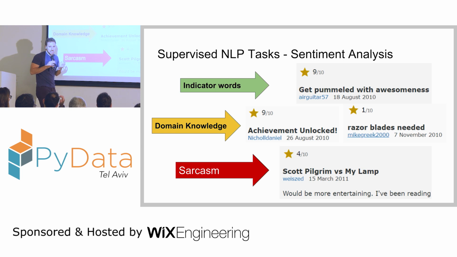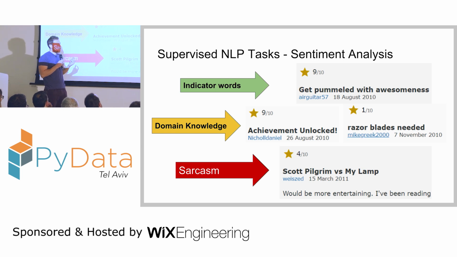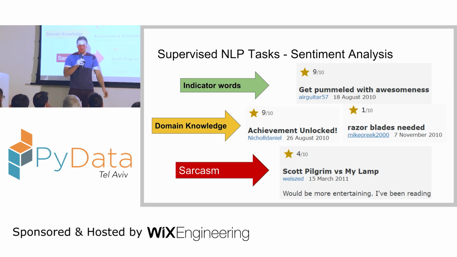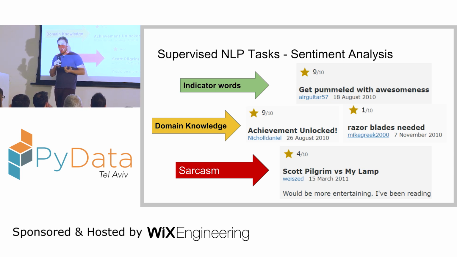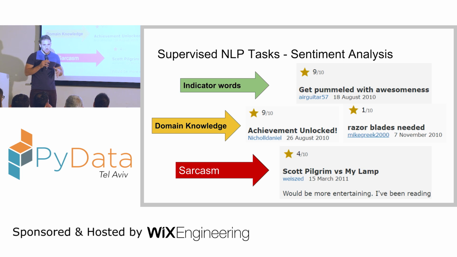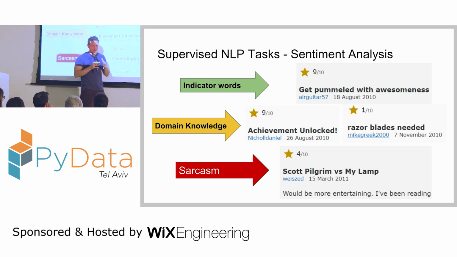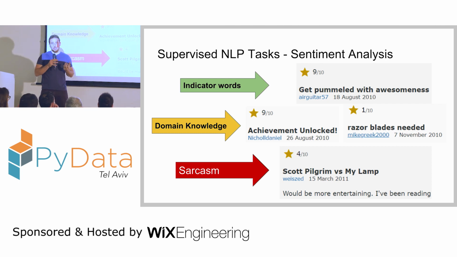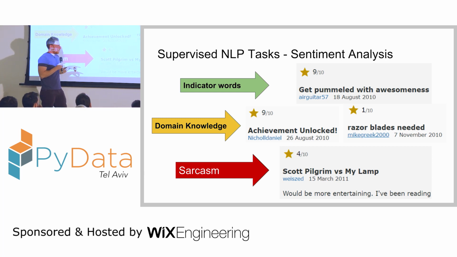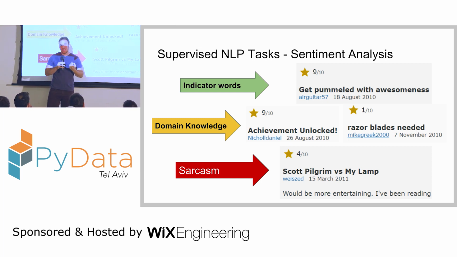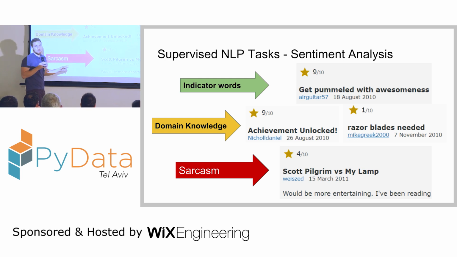However, sentiment analysis requires a decent amount of domain knowledge. For example, if I see this comment, "achievement unlocked," one needs to know that this specific movie is about computer games, and that achievement unlocked is positive in the context of computer games. These things are pretty hard to model. And the most difficult aspect of sentiment analysis is sarcasm.